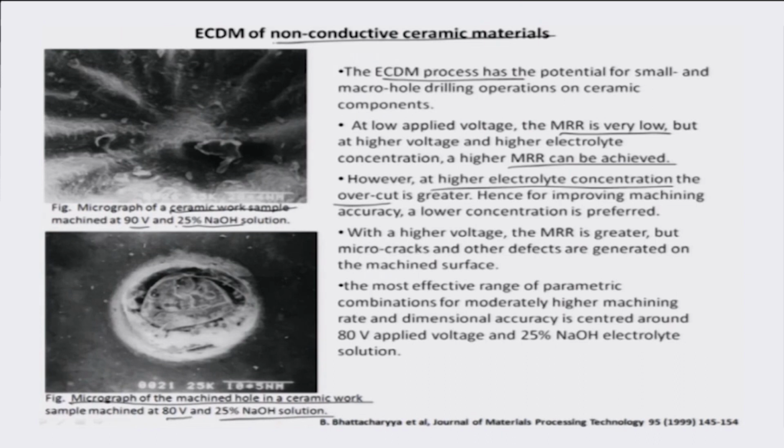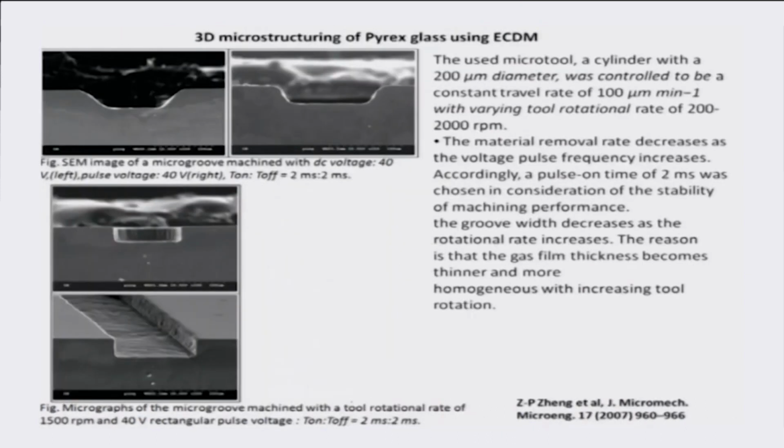There are some other examples of ECDM processes where in Pyrex glass people have used ECDM micro milling. So there is a disc type motion here of a tool which is rotated at a very high RPM, 200 RPM or so, and which actually creates this discharge machining. The electrochemical discharge machining happens between the substrate and the tool.